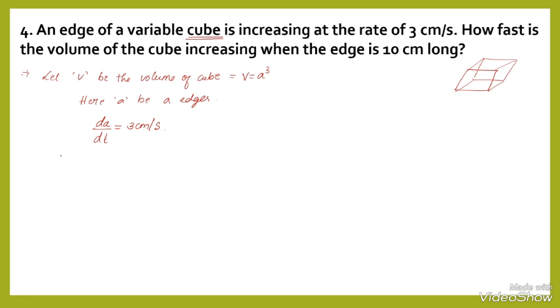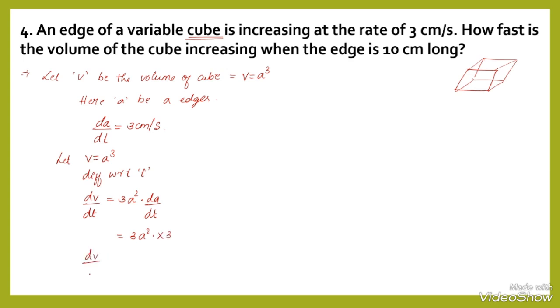So we have to find the rate of change of volume. Let volume V equals a cube. I can differentiate with respect to t. dV by dt equals the differentiation of a cube, which is 3a square dA by dt. We can substitute 3a square into dA by dt, that is 3.